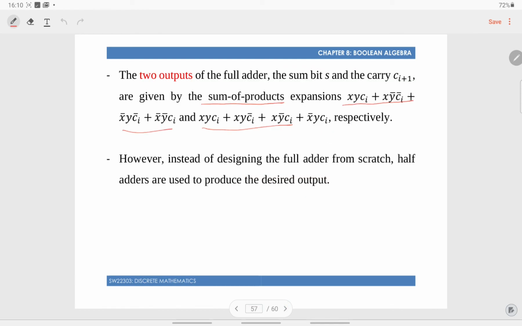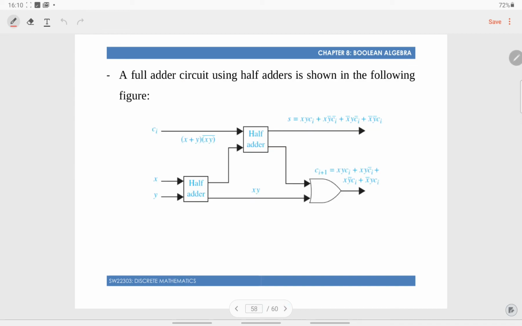However, instead of designing the full adder from scratch, half adders are used to produce the desired outputs. So the full adder circuit using half adders is shown in the following figure. In this full adder circuit, we have ci coming from the previous calculation. This is the original inputs.